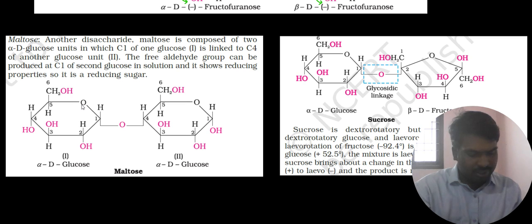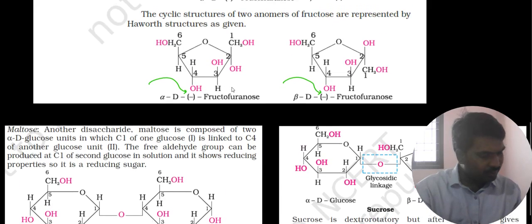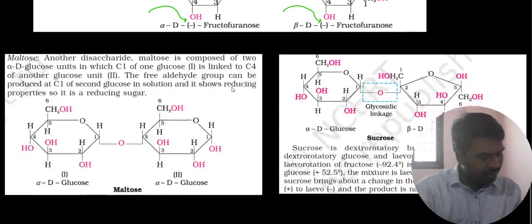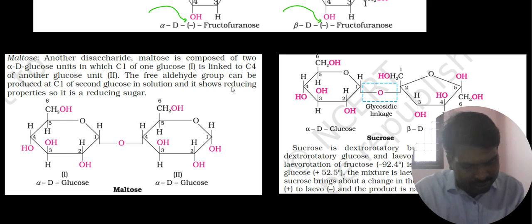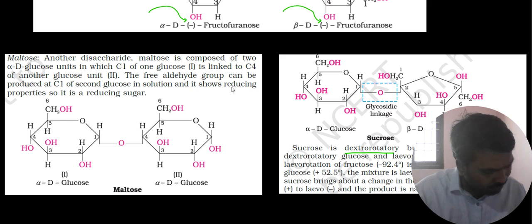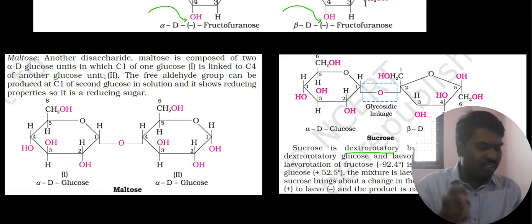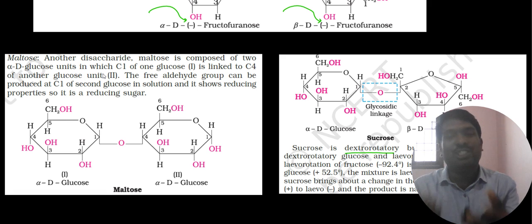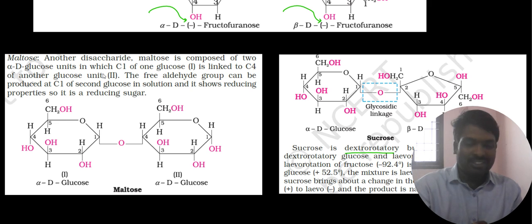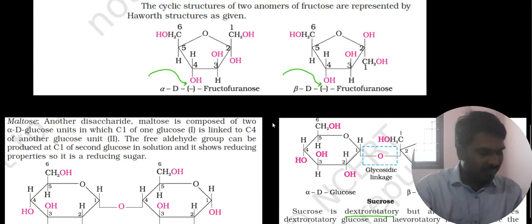Coming to sucrose, it is actually a dextrorotatory compound, but the condition given here is levorotatory, so we can eliminate sucrose. Sucrose is dextrorotatory, but an aqueous solution of sucrose is levorotatory. You can find this data from here.